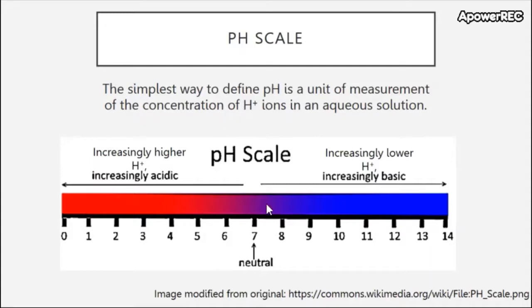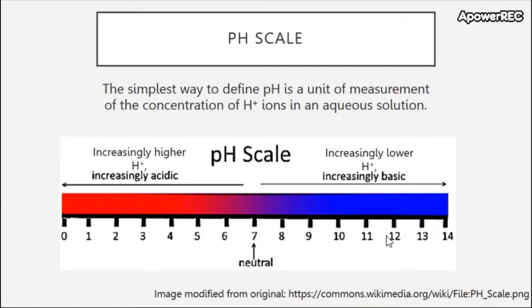So it's a little confusing how the pH scale is derived, but a pH scale that is completely neutral is a pH of 7, and that has to do with the concentration of protons. We're not going to get into significant detail about how they come up with that number 7, but remember that 7 is neutral pH. Now, if you want to get a more basic solution, then it would be greater than 7, okay?